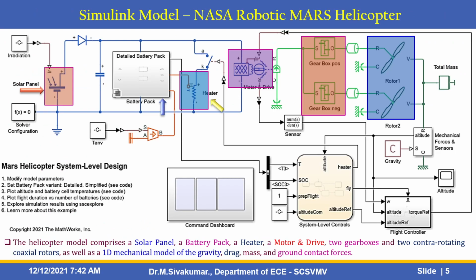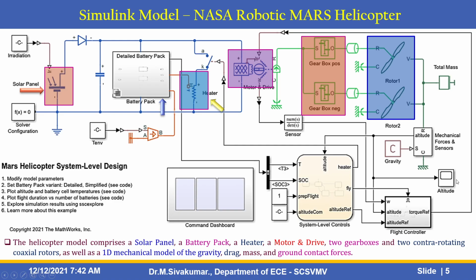This is the detailed Simulink model of the NASA robotic Mars helicopter. Here we can see the helicopter model comprises the solar panel and the battery pack. There are two types of battery packs you can simulate: one is a simplified model, and another is a detailed model. The next ones are the heater and motor drive, two gearboxes, two contra-rotating coaxial rotors, as well as the mechanical model of gravity, drag, mass, total mass and ground contact forces.